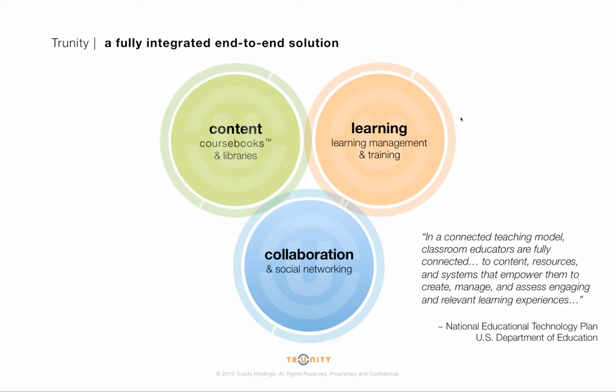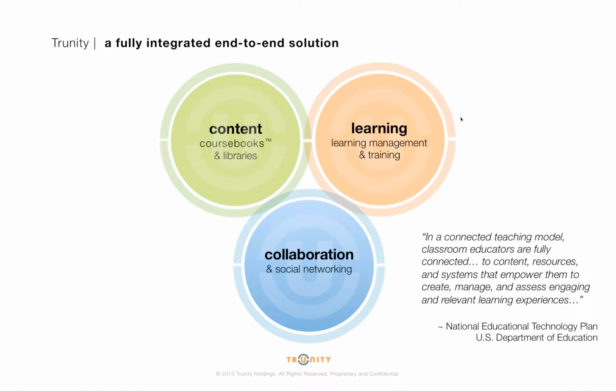So to sum this up in a nutshell, we've integrated three important aspects of what the web can provide in terms of education. One is a delivery of content, whether it's a course book or a video or whatever the content might be. Second, a learning management system, a way to organize and deliver that content for instructors and students.